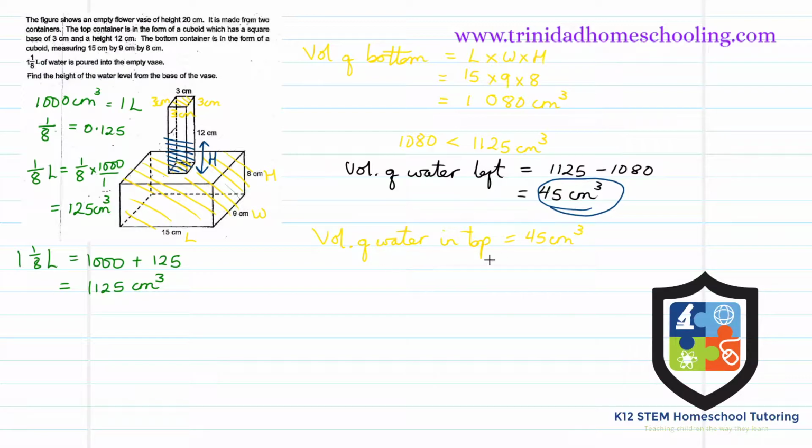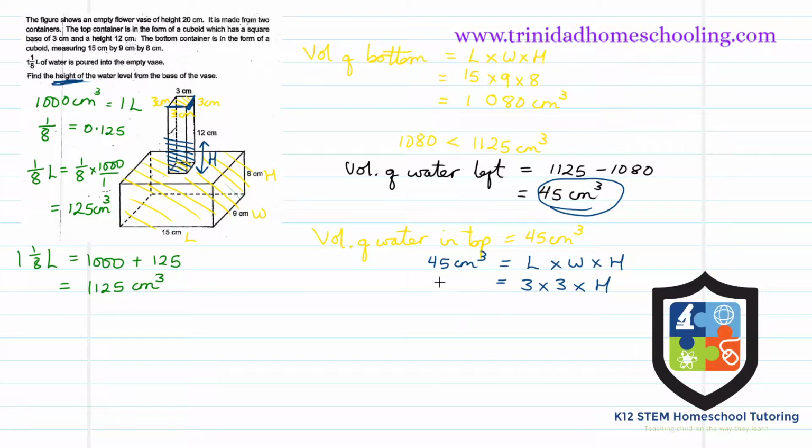We know that the volume in the top is equal to the length by the width by a height. We know the length, it's 3. We know the width, it's also 3, but we don't know what the height is, and the height is what we want to find.